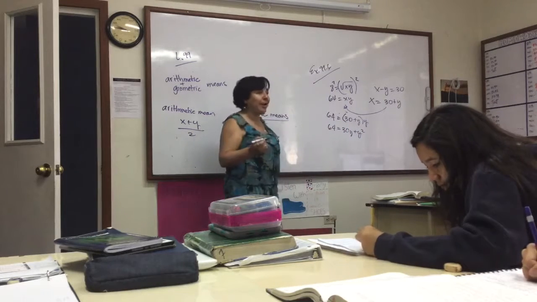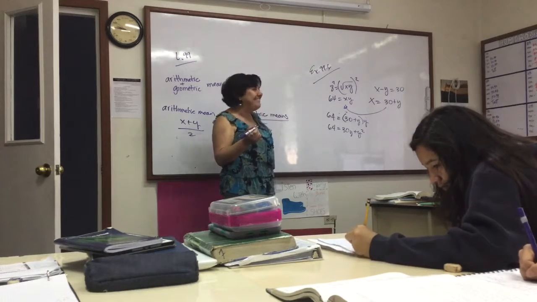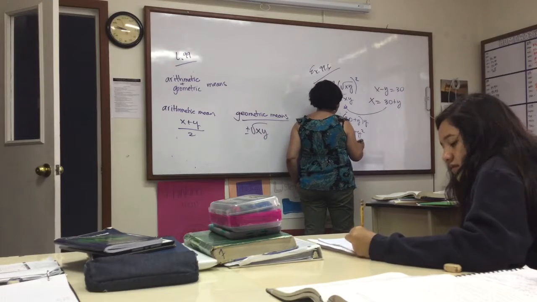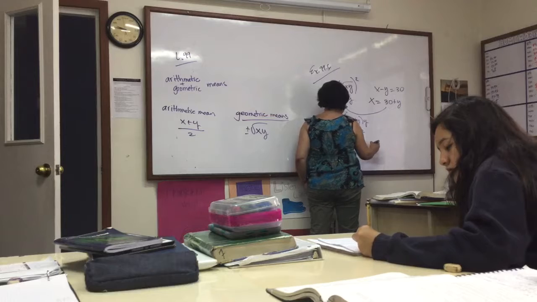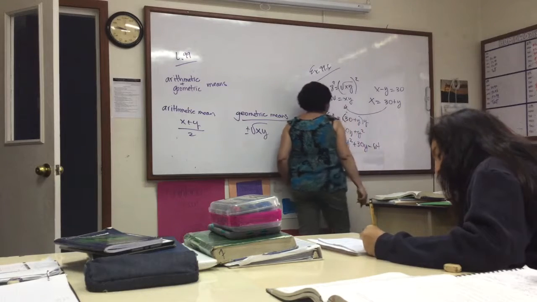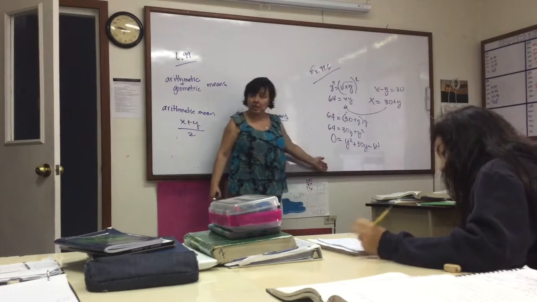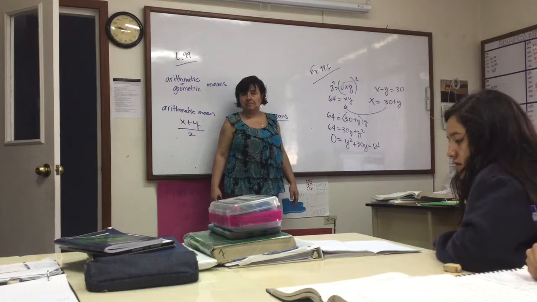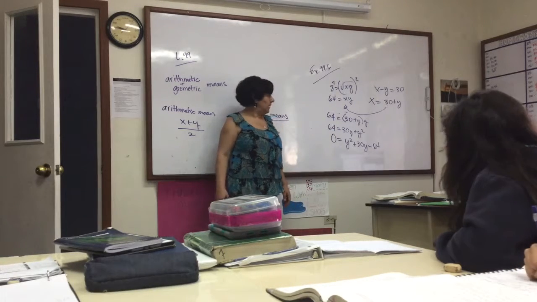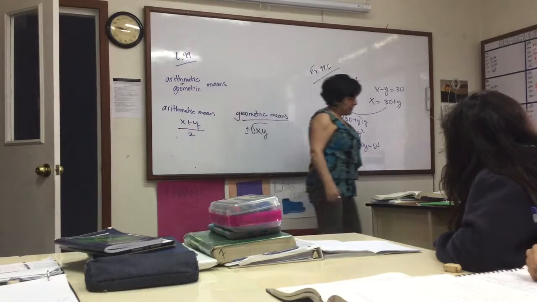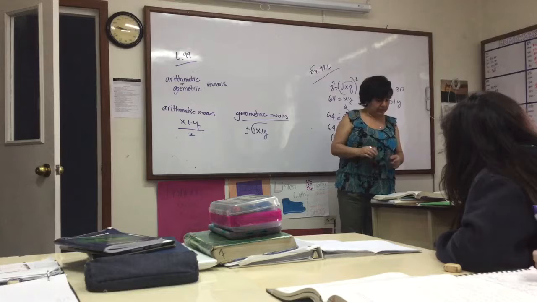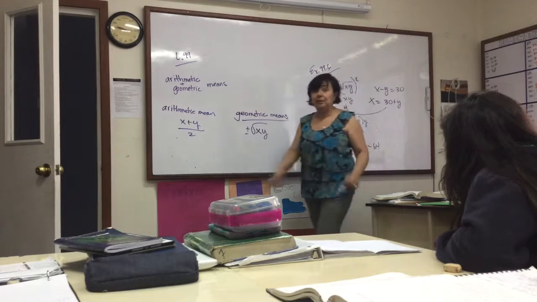A quadratic equation, my favorite. So we've got 0 equals y squared plus 30y minus 64. And you either use the quadratic formula or you factor. And you're going to have 2 answers, which means a couple of possibilities. So we got it? We good?